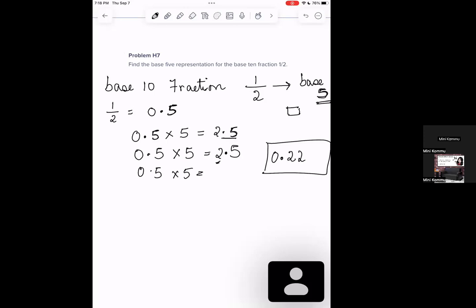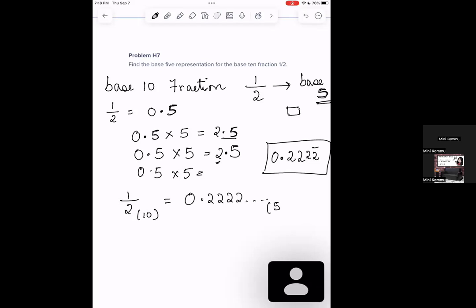The idea is to multiply this until you get a whole number, and that whole number will be added to the decimal over here. But this has been repeating ever since. That means this will go on as a repeating decimal. So 1/2 in base 10 will be equal to 0.2222 and so on and so forth. It is a repeating decimal in base 5.